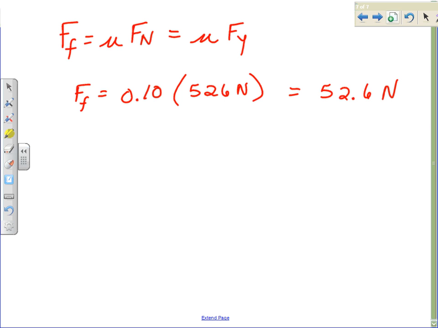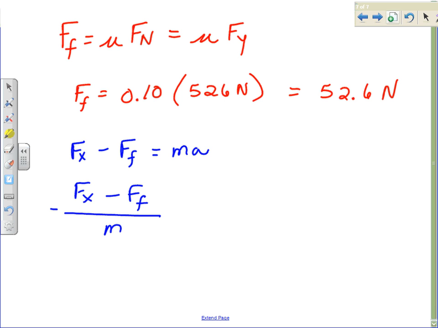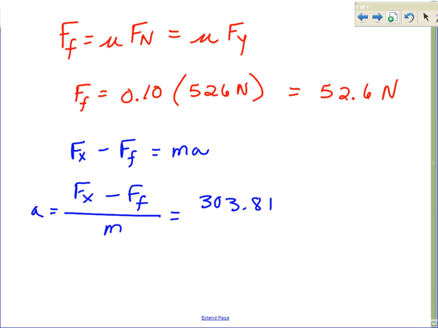So now we're ready to solve. Our summation of forces is, made a mistake there, F of x minus the frictional force is equal to mass times acceleration. Our goal is the acceleration, so F of x minus the frictional force divided by mass will give us our acceleration. F of x was 303.8 newtons.